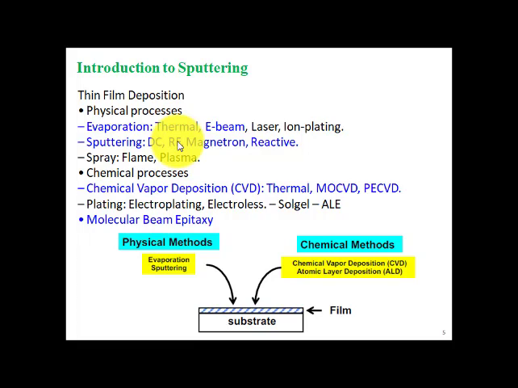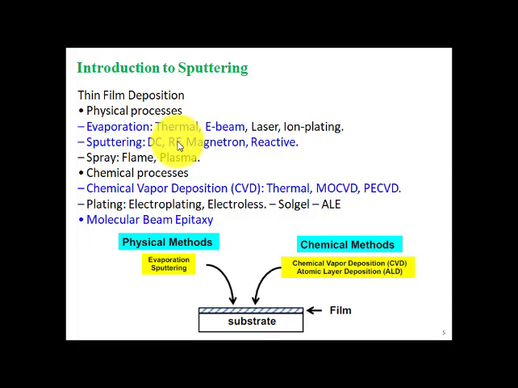Thin film deposition can be carried out by two different kinds of processes. Number one, physical processes, and number two, chemical processes. The physical processes can be evaporation. There are different kinds of evaporation: thermal evaporation, electron beam evaporation, laser or ion plating.